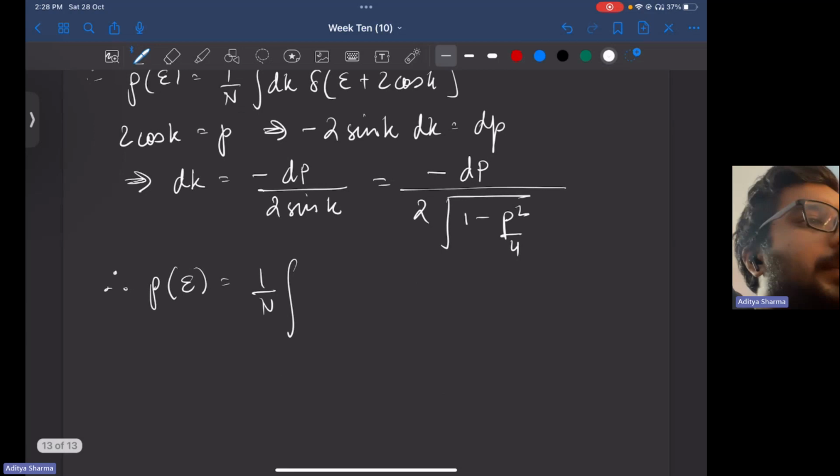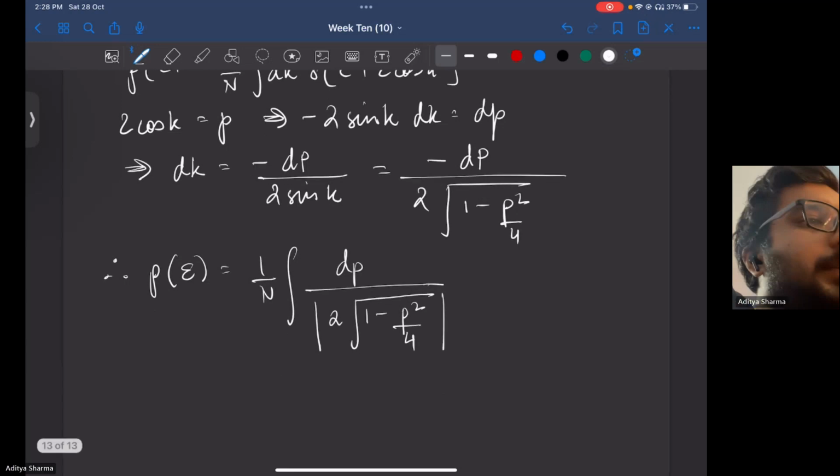Since this is a Dirac delta, it should come with a mod, right? So this minus will go away.